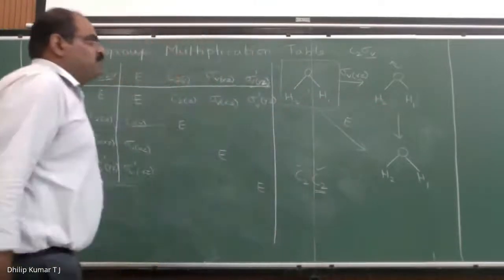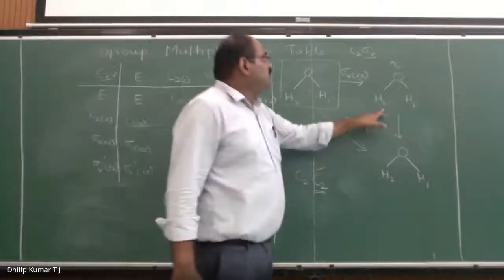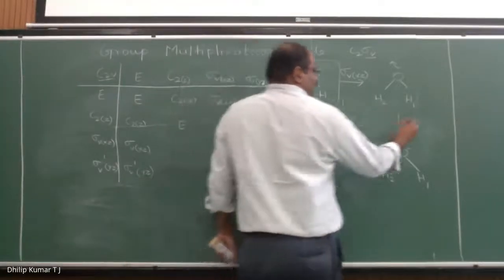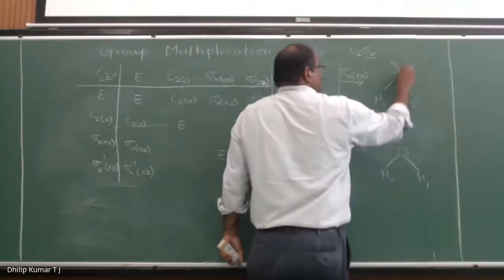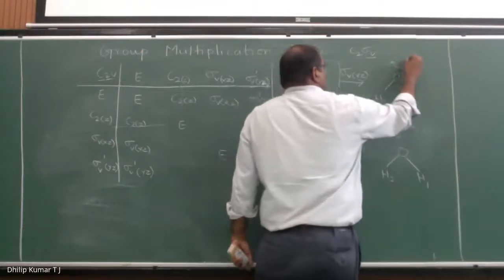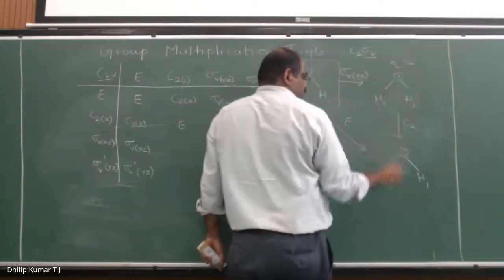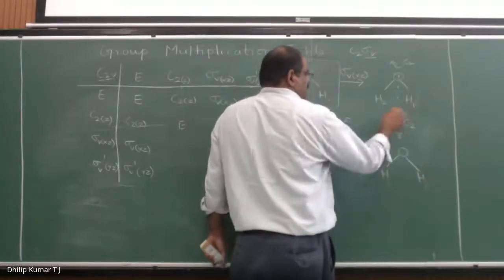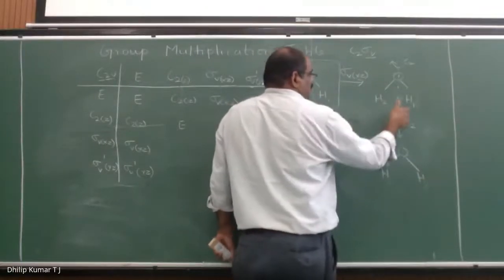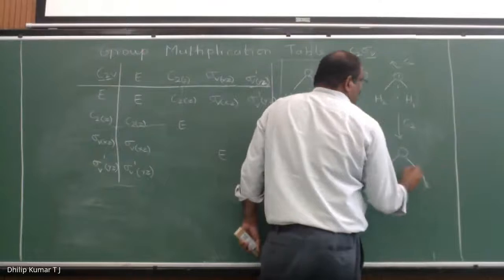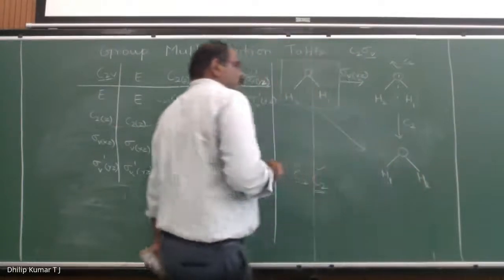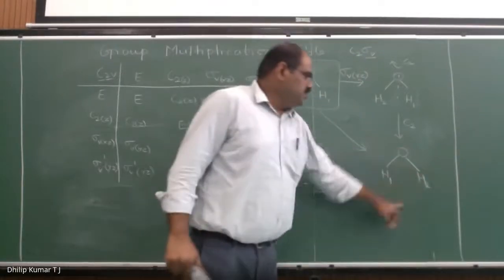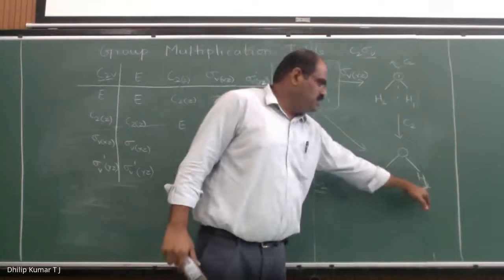So that is sigma V. And now perform C2 on this molecule. You rotate by C2. If you rotate it, H2 comes here, H1 comes here. So this is the end structure, where hydrogen 2 is on the right side and hydrogen 1 is on the left side.